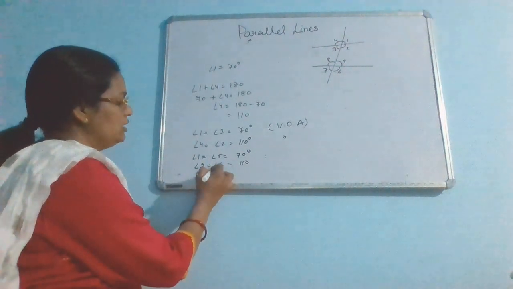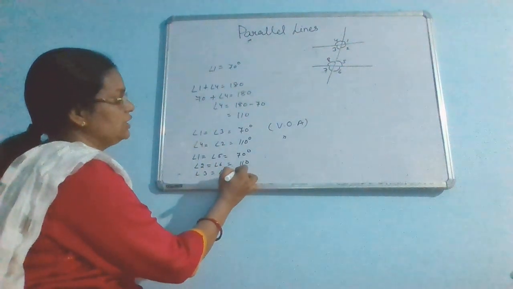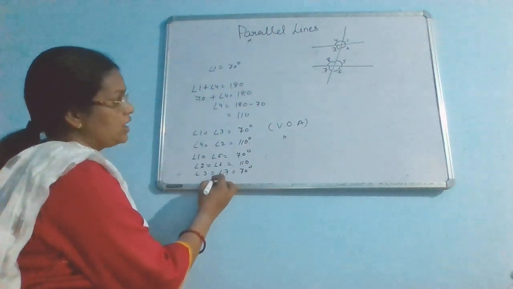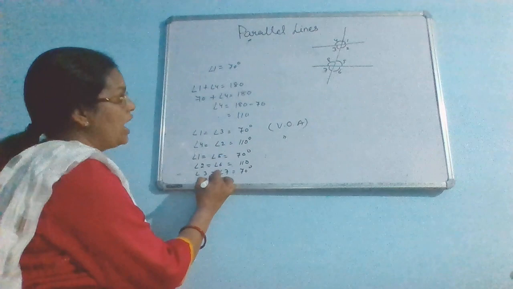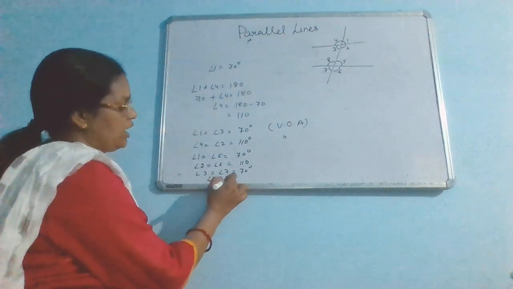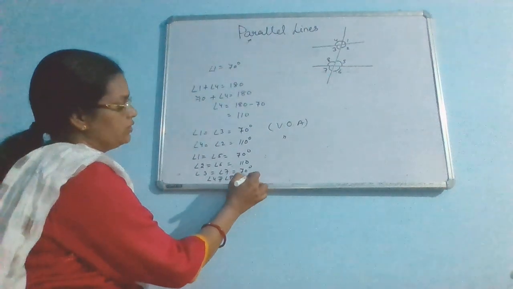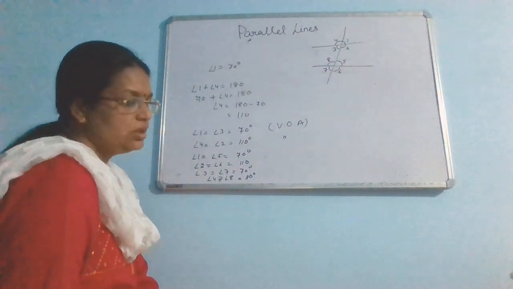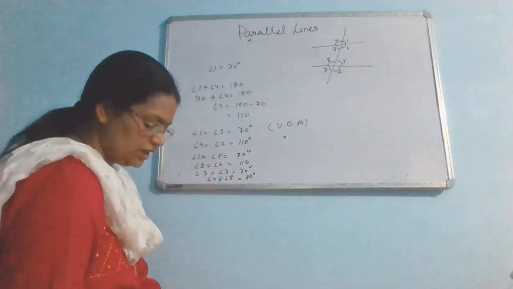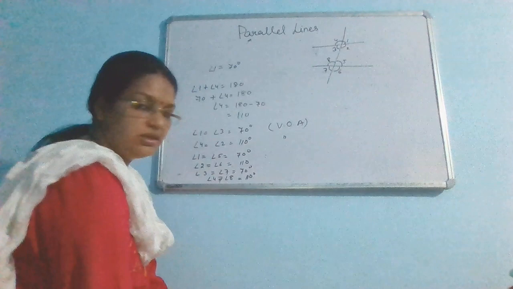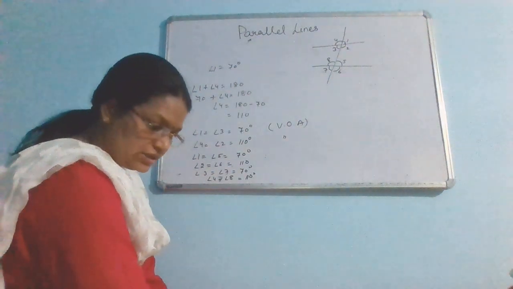Angle 3 is equal to angle 7 is equal to 70 degrees. And last but not the least, angle 4 is equal to angle 8 is equal to 110 degrees. Okay, so this is how we find the corresponding angles, or you can say the different types of angles.